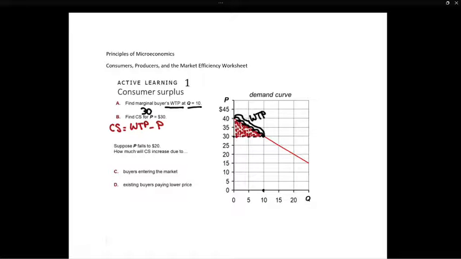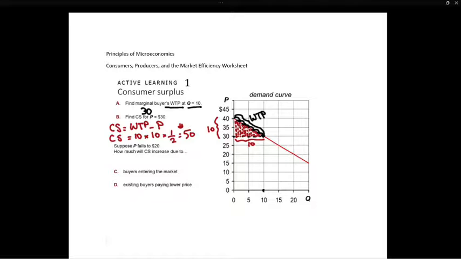And it is this entire red area. We can calculate it. Let's find that out. So we have 10 units here, and we have 10 units here. And consumer surplus would be the area of that triangle, and that would be $50.